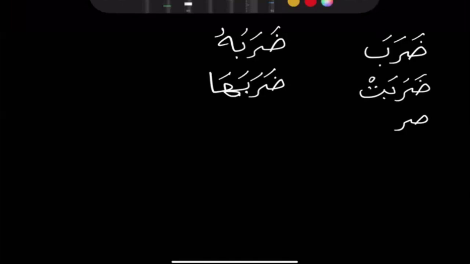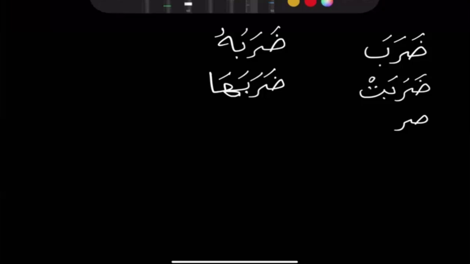Darabta would be the masculine singular, you struck, and darabaka is he struck you, a masculine singular receptive pronoun. Okay, I see the difference.